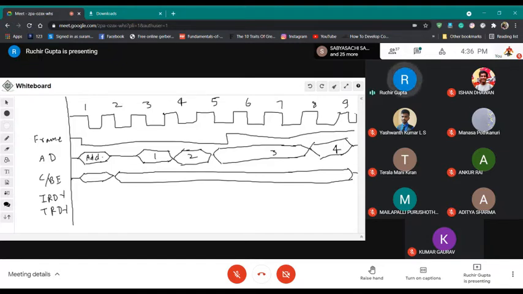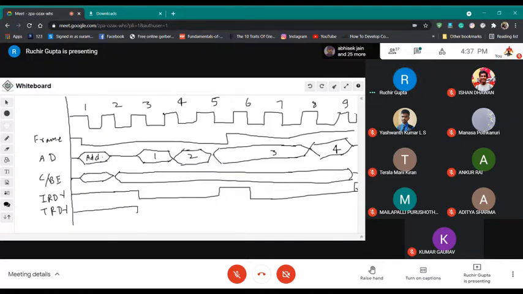So if you remember your previous diagram, you can compare probably here. And of course DEVSEL.